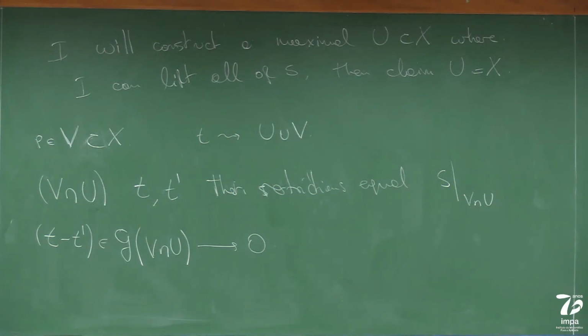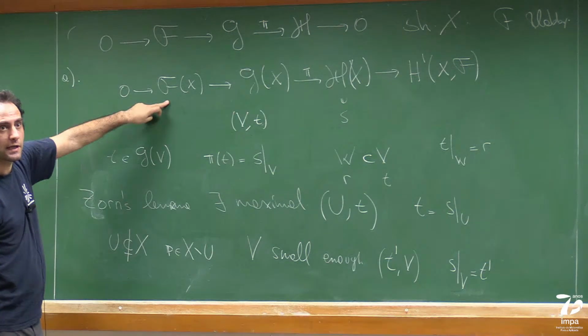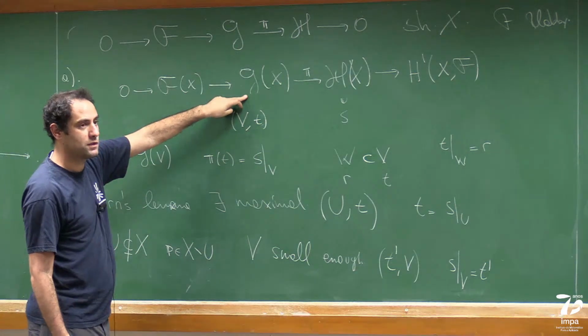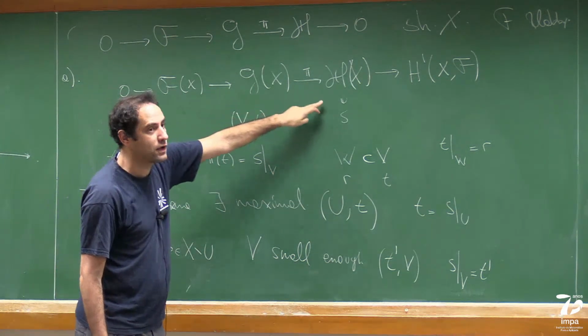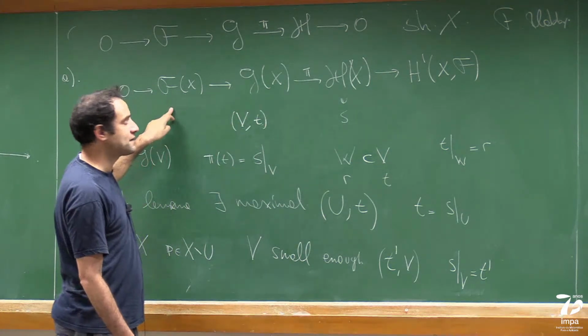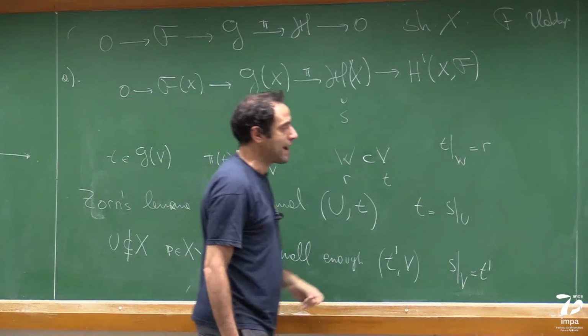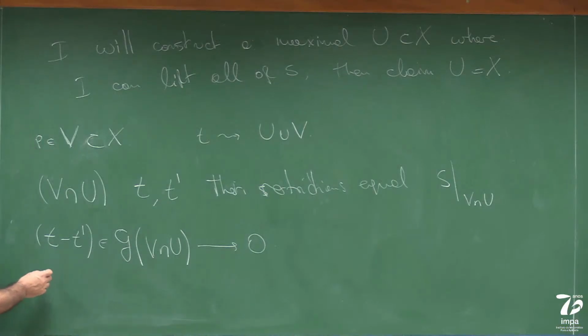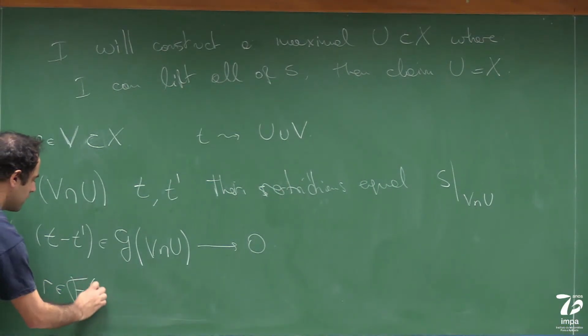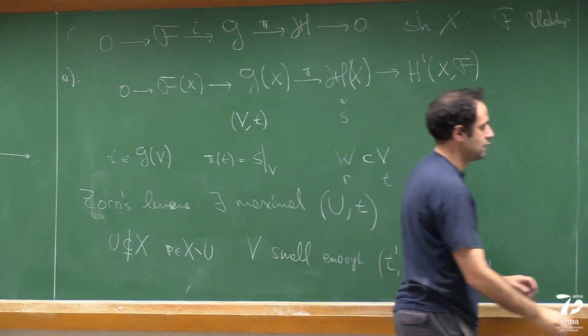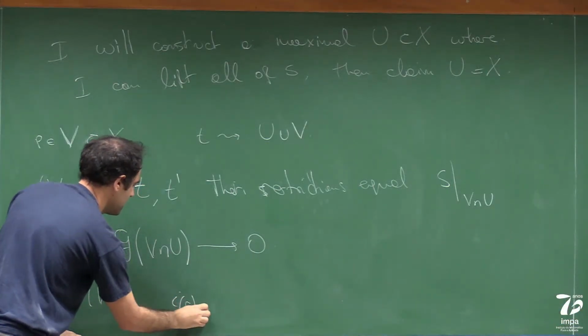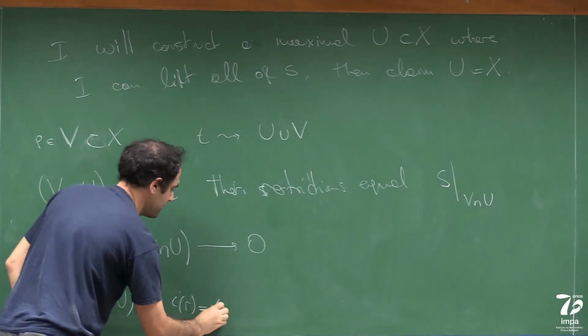Okay. So now I can restrict F to that open, V intersected U, and I can restrict G to that open, V intersected U, and I have a section there that goes to 0. Therefore, it can be lifted to F. So I have a section R in F of V intersected U that maps to that, so that if I call this map iota, iota of R is equal to T minus T prime.